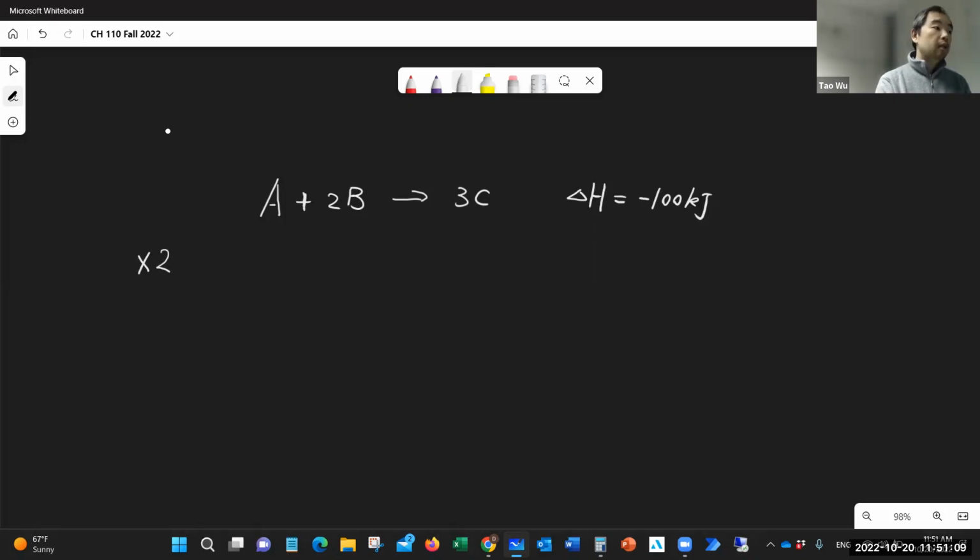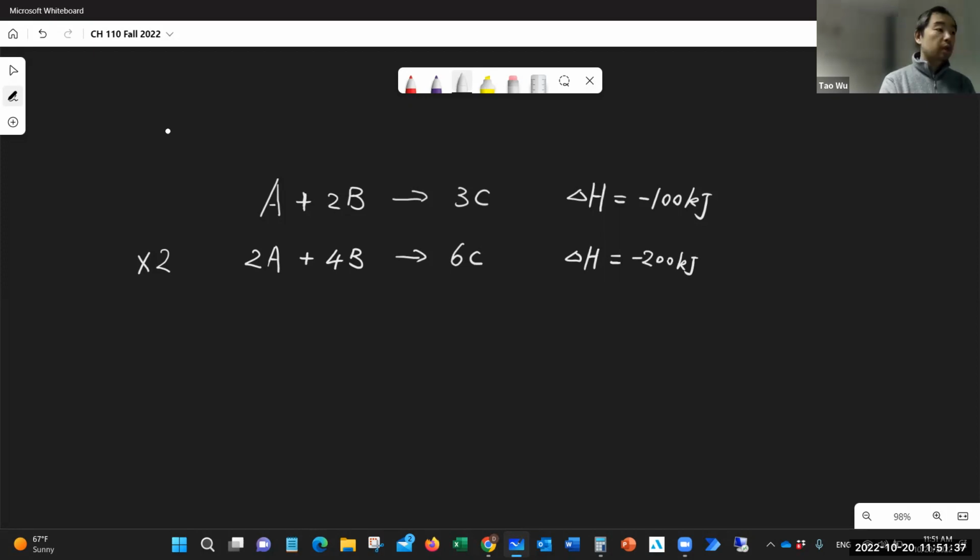If we multiply the whole equation, it becomes 2A reacting with 4B to form 6C. Meanwhile, the enthalpy change for this reaction will also double. It becomes negative 200 kilojoules.